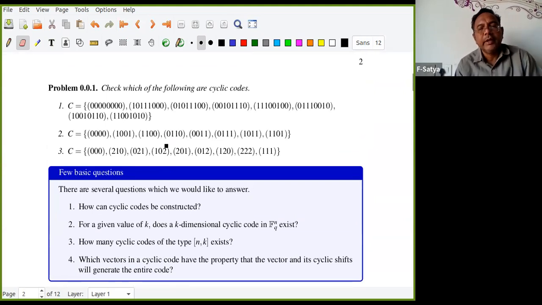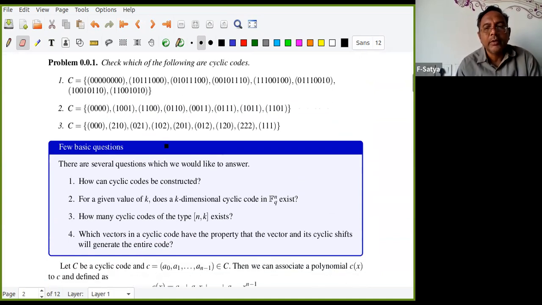Then there is a small exercise. Check whether these are linear codes or cyclic codes or not. Can we check the second one so that things will be clear? Can you check whether the second one is a cyclic code or not? 0000, if you shift, again it will be the same, so don't worry about that. 1001, if I shift, what I'll get? 1100.